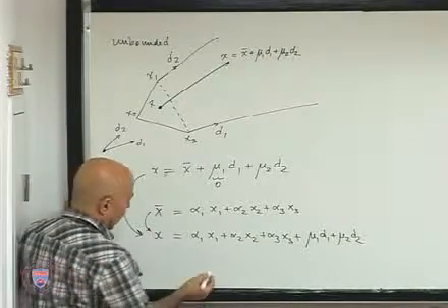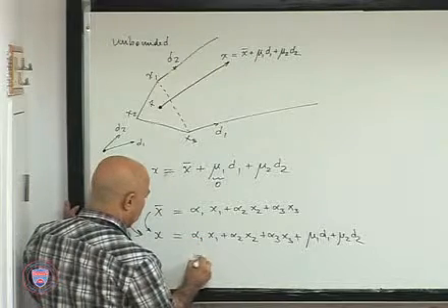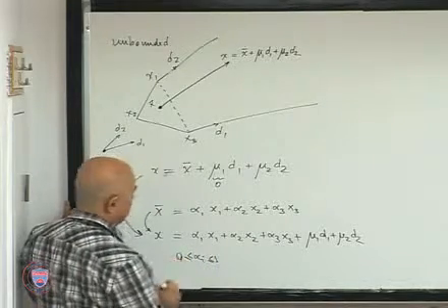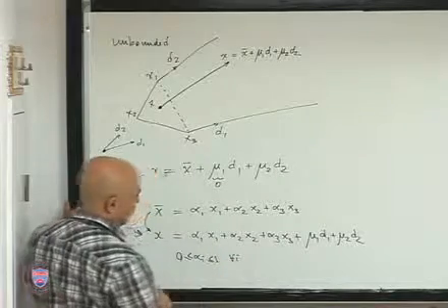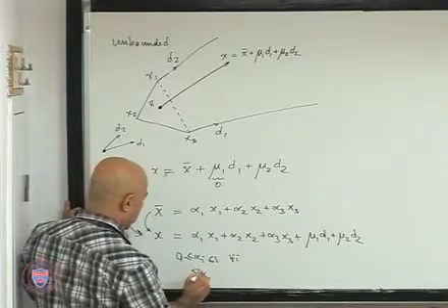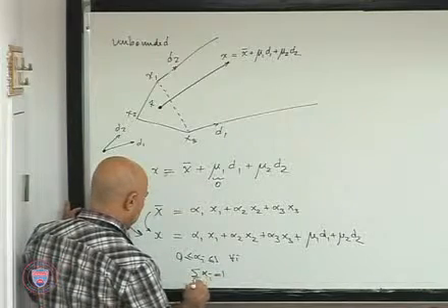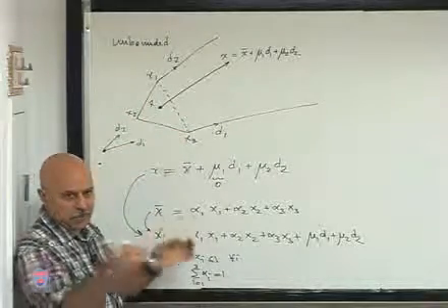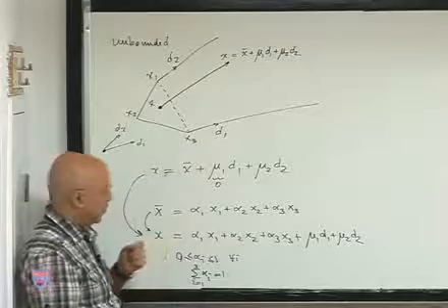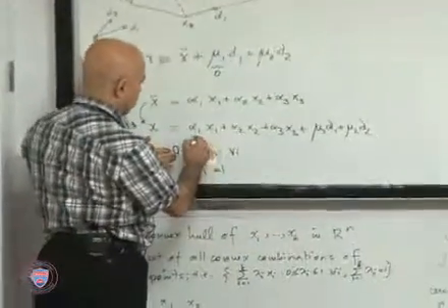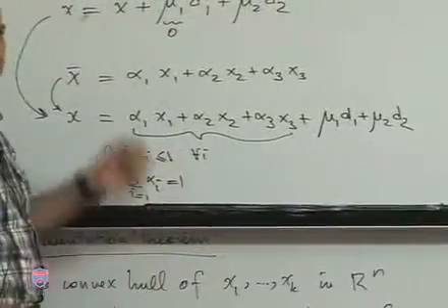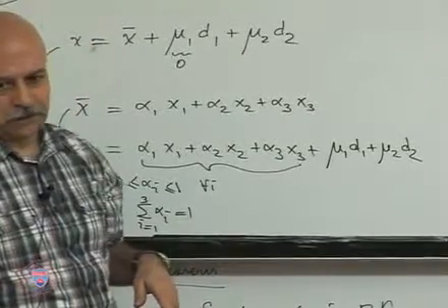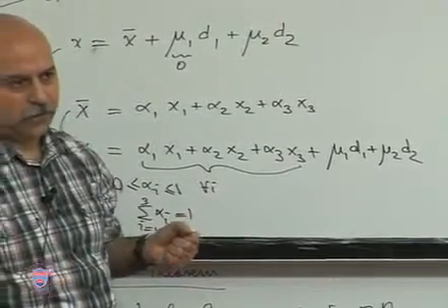And we have what we want, because alpha i are between 0 and 1, for i going from 1 to 3, and they add up to 1. How do I know that? Because X bar is a convex combination of these extreme points. It's picked from the convex hull of the extreme points. So that gives you a convex combination of the extreme points plus a non-negative combination of the extreme directions, which is what we wanted to have.